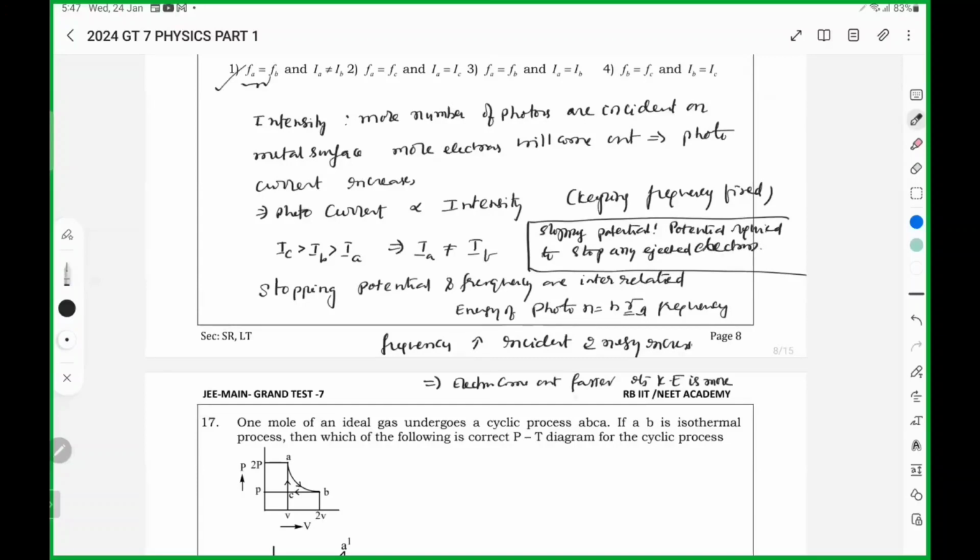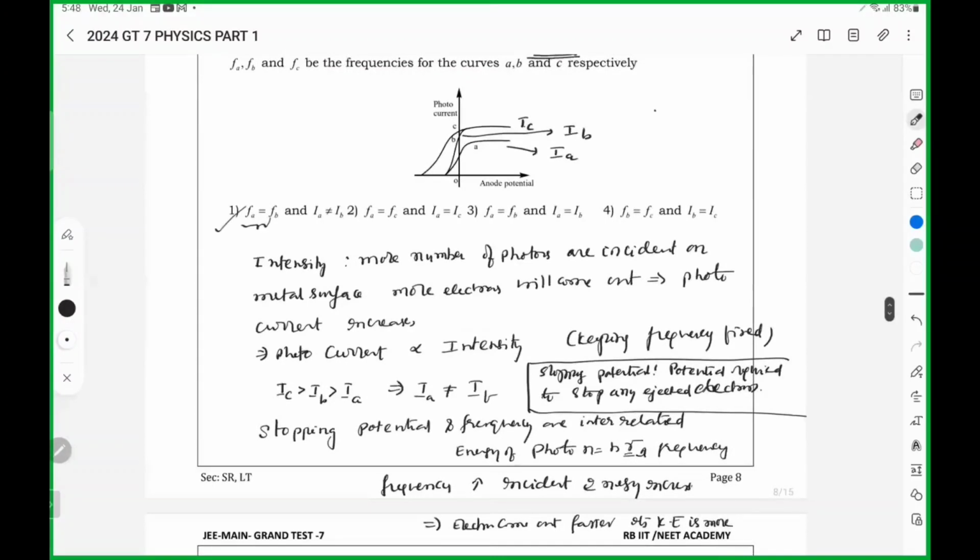So with more speed the electron is coming out, more potential has to be applied to stop the electron. So as frequency increases, stopping potential increases.